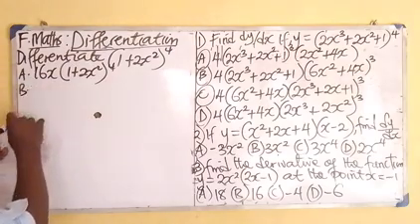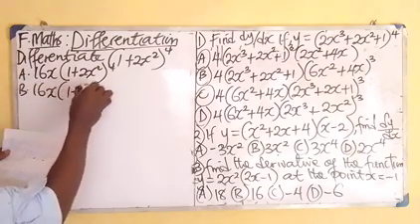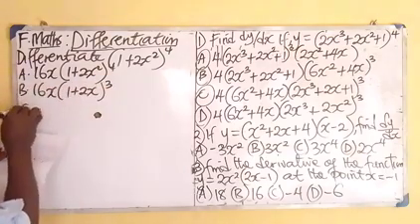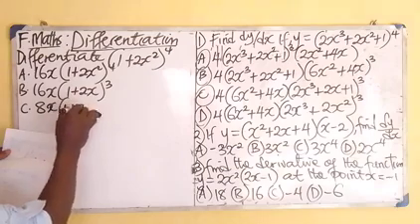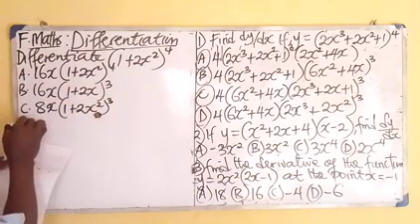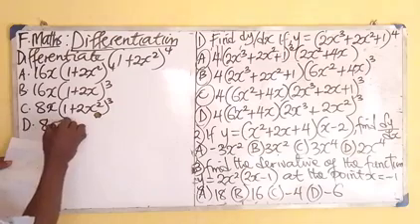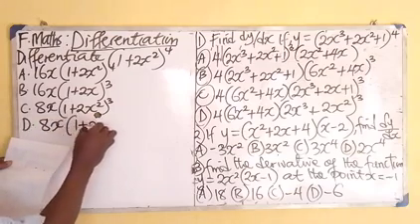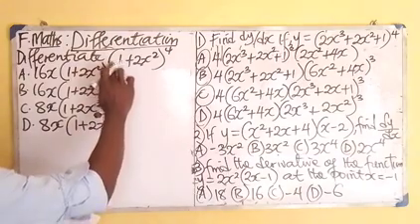B, 16x, 1 plus 2x squared raised to power 3. C, 8x, open bracket, 1 plus 2x squared raised to power 3. D, 8x, 1 plus 2x squared raised to power 3. Alright, this one is raised to power 4.